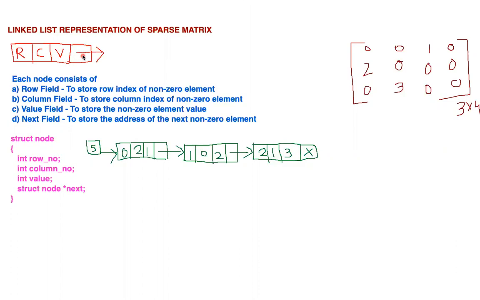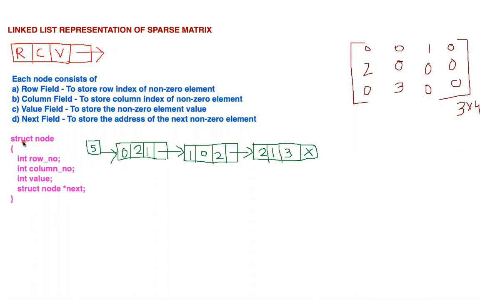And the fourth field will be the pointer to the next non-zero element. Typically, the address of the next non-zero element means the address of the element in the row which is having the first non-zero element after the noted non-zero element value.